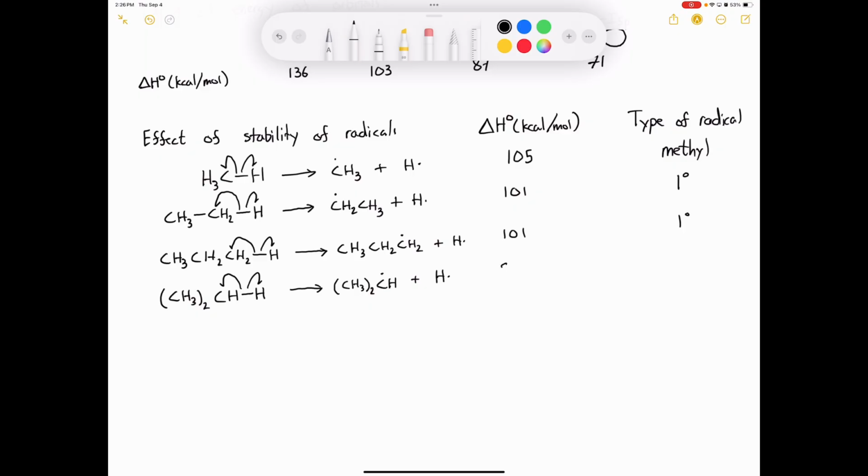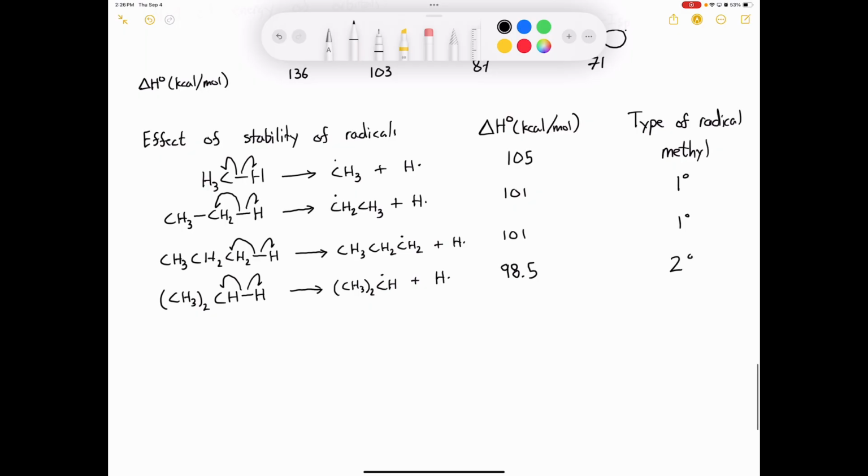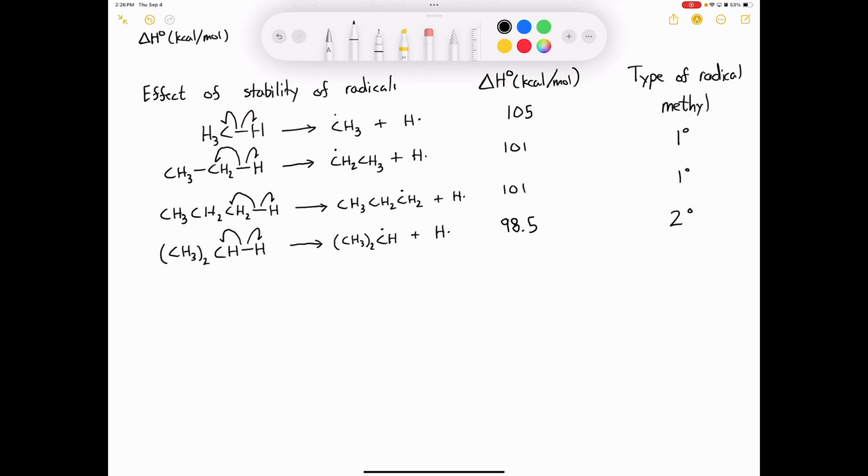And now this energy goes down by 3 kcals, or 2.5 kcals to be exact, and this is secondary. All right, so it looks like the trend is still going down. So let's look at tertiary. And we can't go further than tertiary because the hydrogen atom is the easiest bond to break. Okay, it's harder to break a carbon-carbon bond. So that's why we don't see much of those types yet.